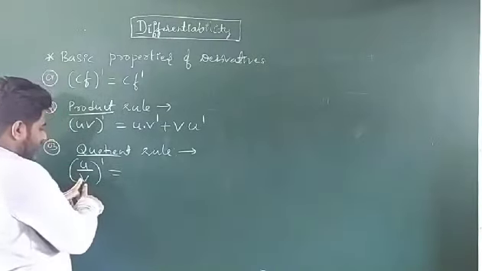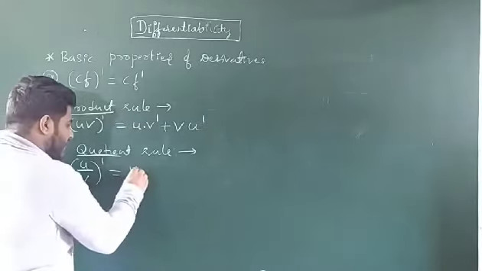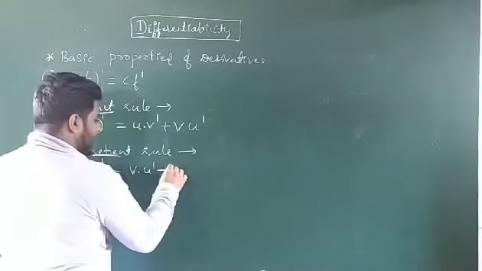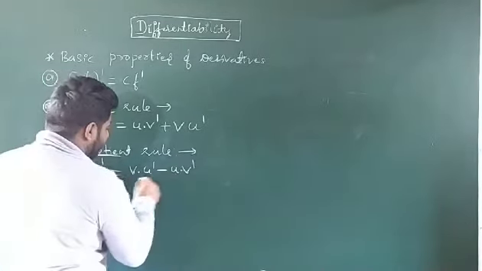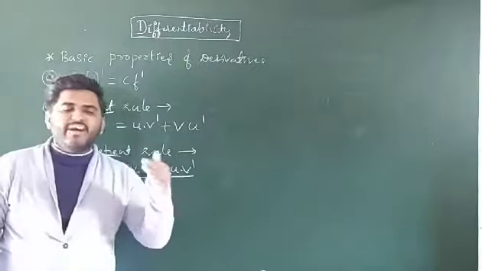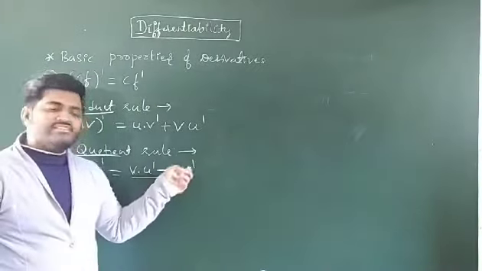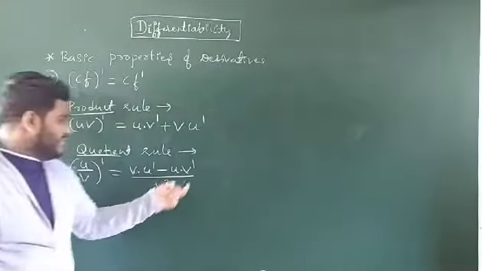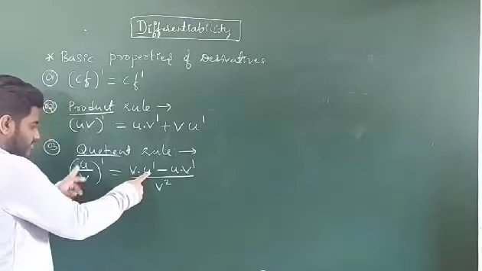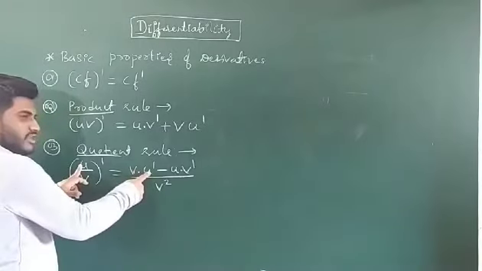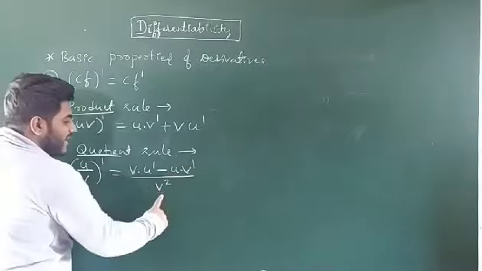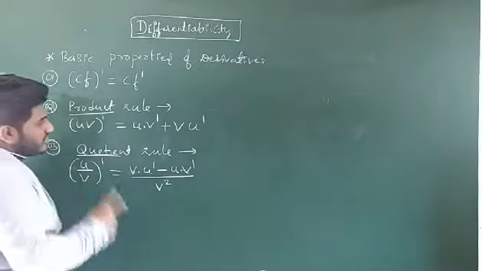This rule says denominator as it is into d by dx of numerator minus numerator as it is into d by dx of denominator, divided by denominator square. This U dash indicates d by dx of U, V dash indicates d by dx of V, like that, right? Numerator as it is, denominator as it is differentiation of the numerator minus numerator as it is differentiation of the denominator divided by denominator square. So this is a quotient rule.